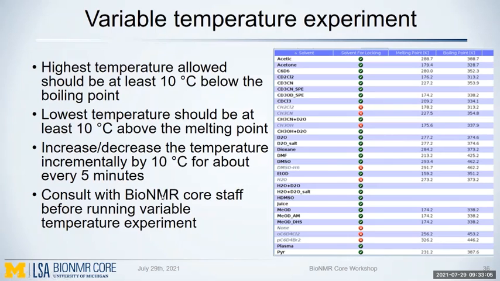You can increase or decrease the temperature incrementally by 10 degrees Celsius about every 5 minutes to let the system equilibrate. Since we need to set up the temperature manually, and since we're using a different spinner, we need to set up the ejecting air manually. So you need to consult with the BioNMR course staff first. We will sit with you and set up those variable temperature experiments manually.